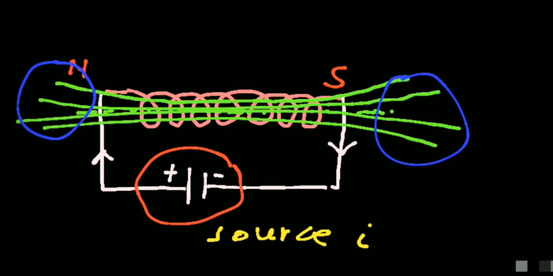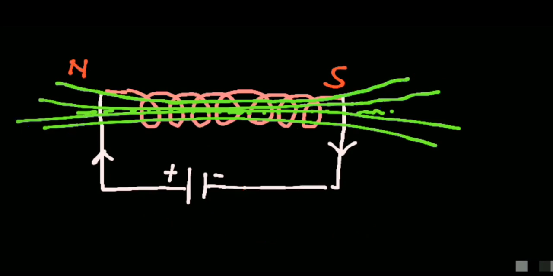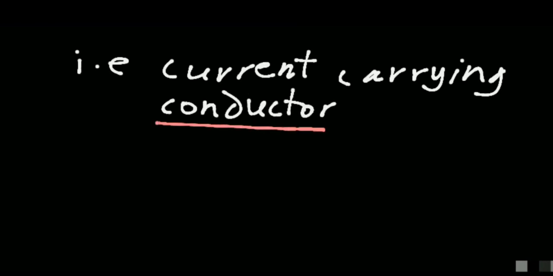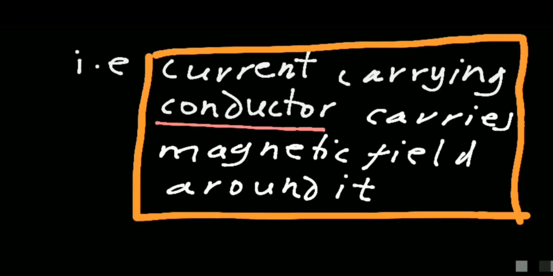These are magnetic lines, and this space is known as magnetic field. So that is a magnet which has been produced due to the presence of electric current. So this is to say that a current carrying conductor carries a magnetic field around it.